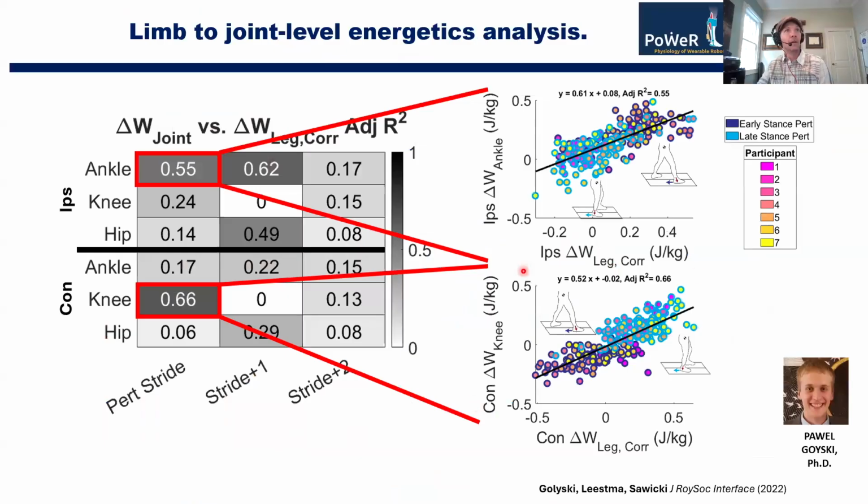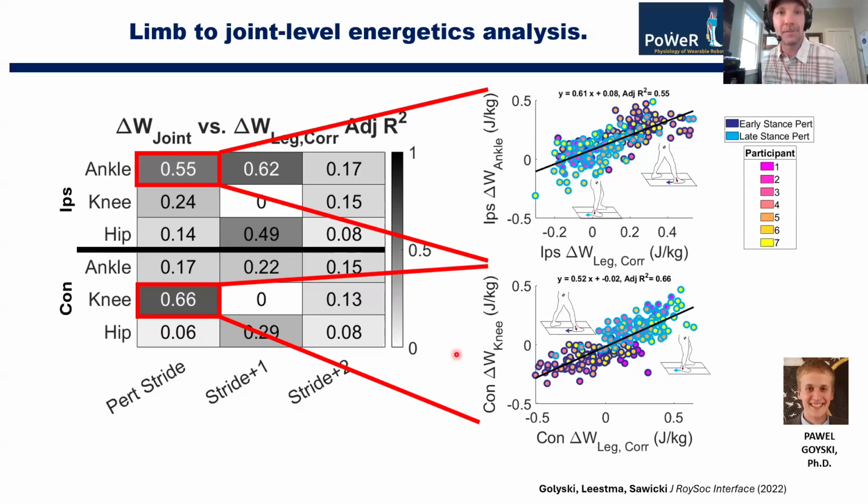And I don't want to belabor the details here, but what we were able to do is an inverse dynamics analysis. And then we could see which of the joints handled the whole leg energy change best. And what we found was that the contralateral knee, so if I slip your right leg, your left knee's next step is where the action seems to be happening.